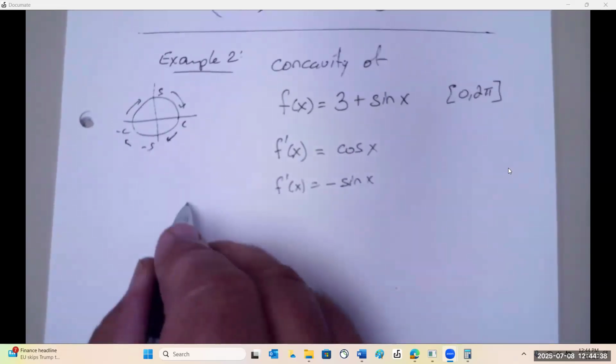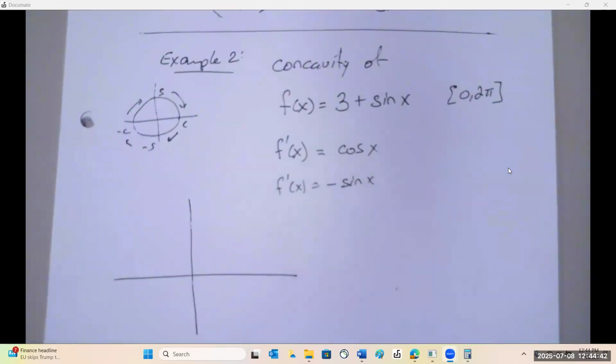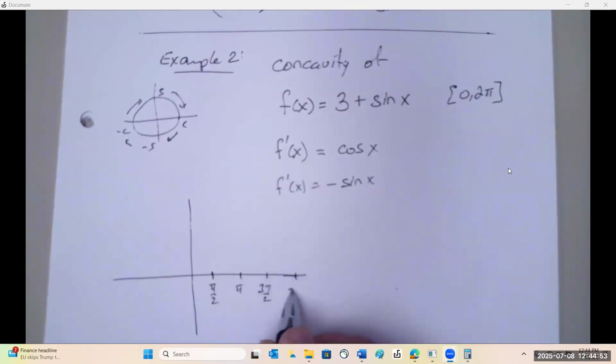Let's see what the graph looks like. So it's pi over 2, pi, 3 pi over 2, 2 pi.